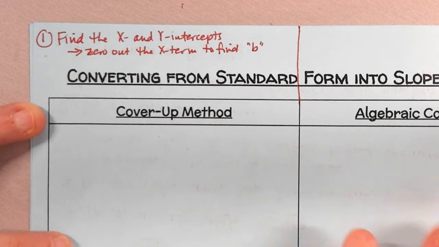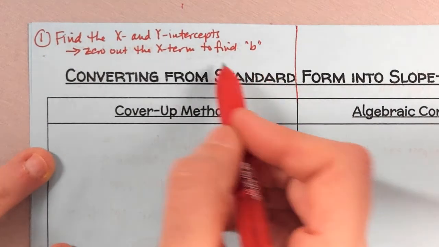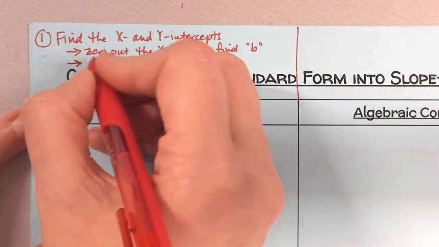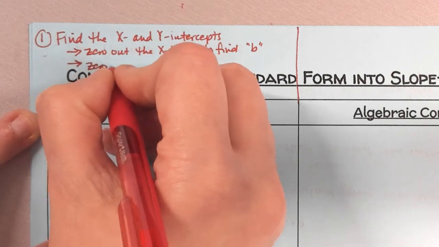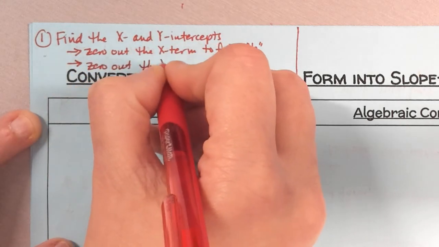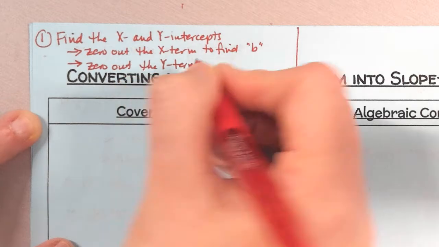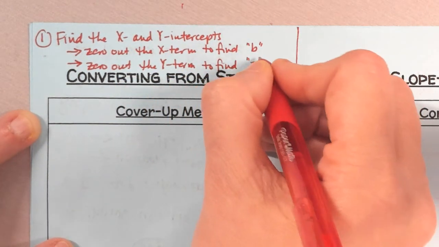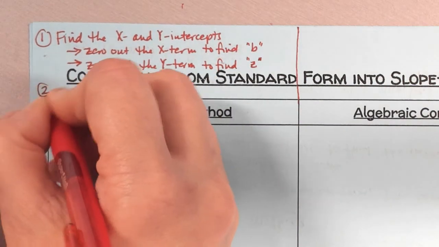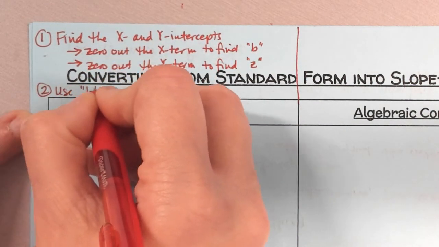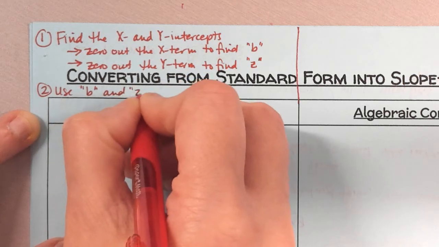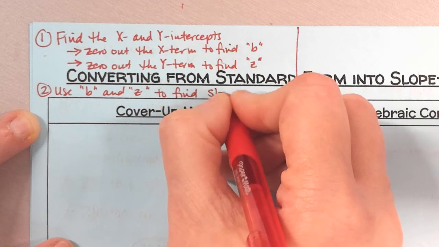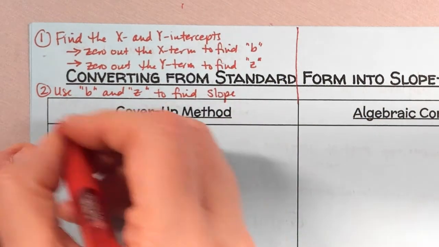There's a dash between x and intercept, and between y and intercept. Just write it. Then we zero out the y term to find the x-intercept. And then step 2 is use b and the intercepts to find slope. I know it's a lot.